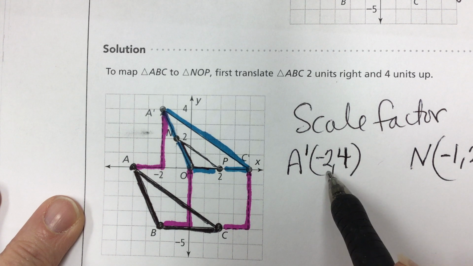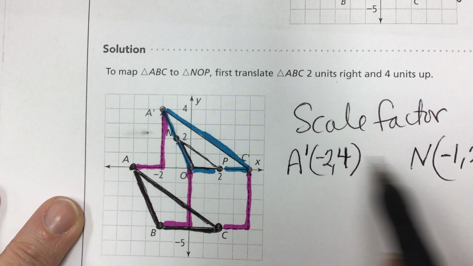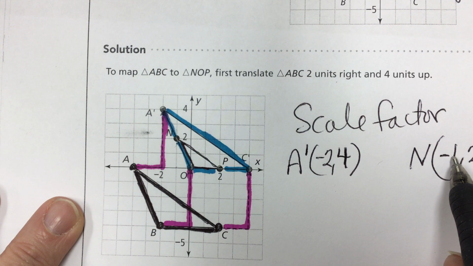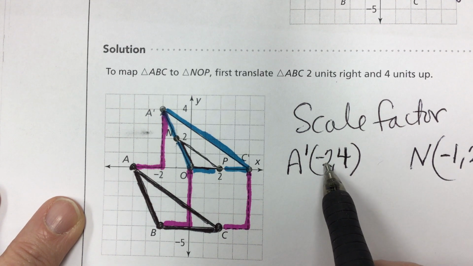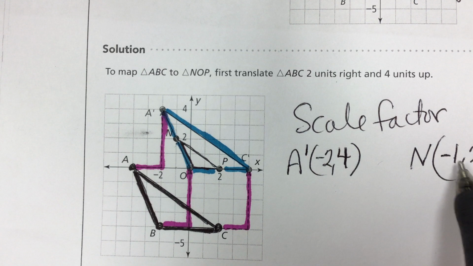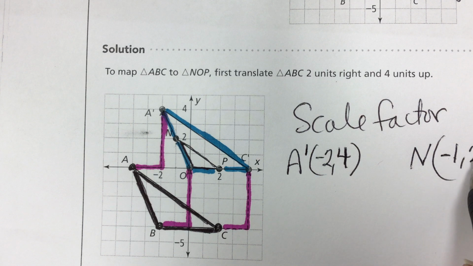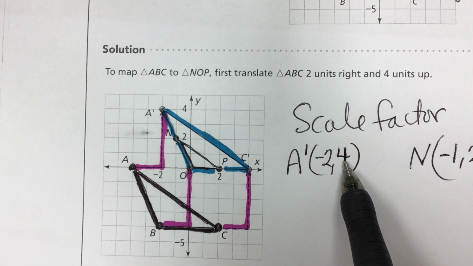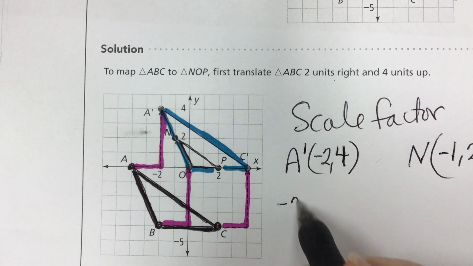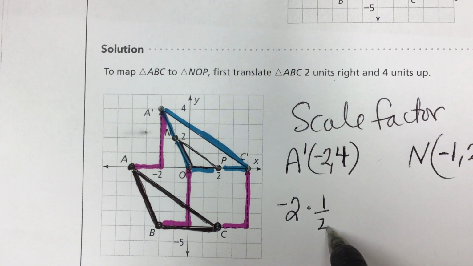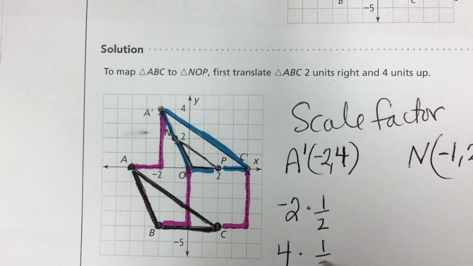Now, what would I have to multiply negative 2 times to give me negative 1? What is the relationship of 2 and 1? 1 is half of 2. What is the relationship of 4 and 2? 2 is half of 4. So we multiplied negative 2 times a half and 4 times a half.